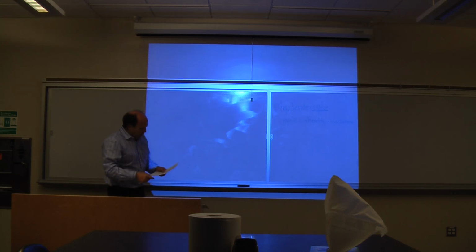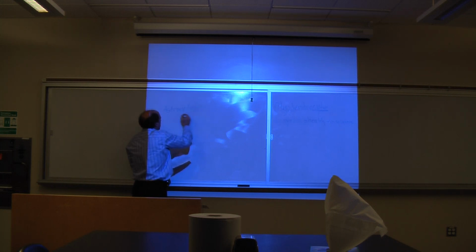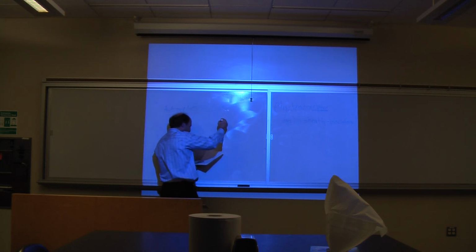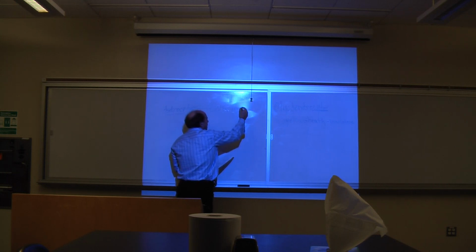Okay, back to cells. So the astrocyte. And astrocytes are really interesting, I think. So they're in the central nervous system only, so they're not in the peripheral nervous system. And it's the most common glial cell.